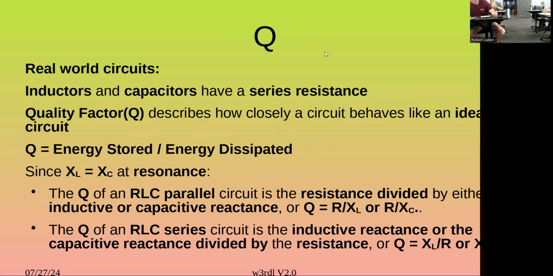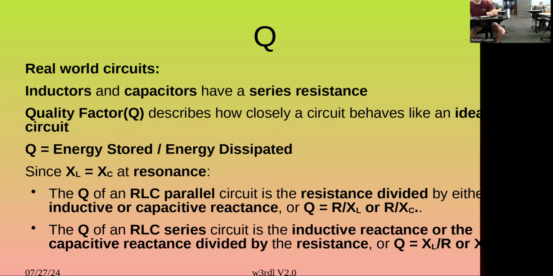Okay. Q, which is called quality factor, is a measure of how closely a component or a circuit behaves compared to the ideal, the theoretical. A Q of infinity means they're perfect inductors and capacitors, but that's not the real world.